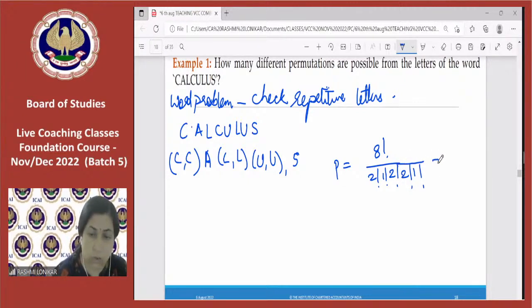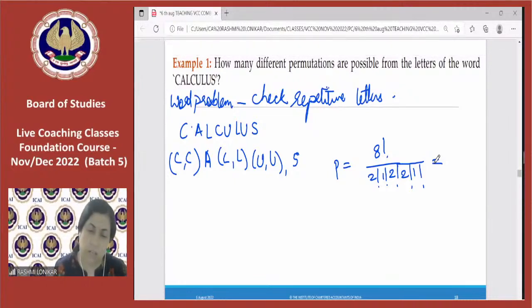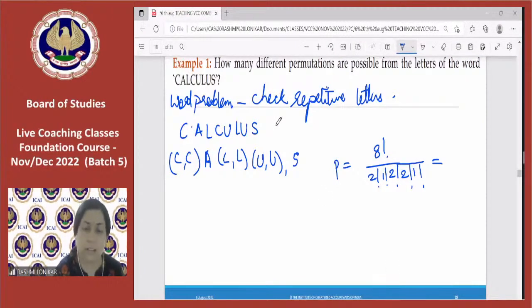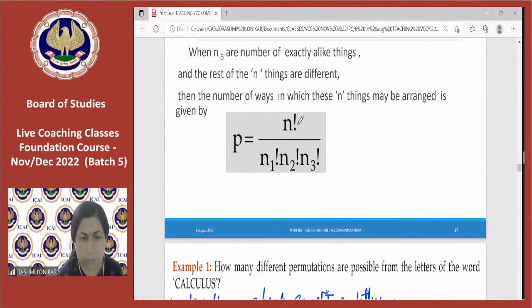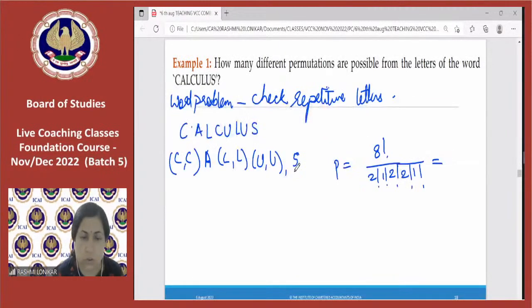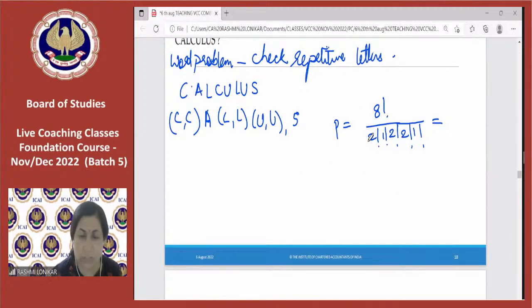So this is equal to how much? 8 factorial upon that. I think they will not ask you to expand this; you will be giving the answers like this. So here we have used P is equal to n factorial upon n1 factorial, n2 factorial, n3 factorial. Similarly, we have written P is equal to 8 factorial upon 2 factorial into 1 factorial, 2 factorial. Where is this 2 coming from? This 2 is for C. The next 2 is for L. The next 2 is for U. So this will be the answer.